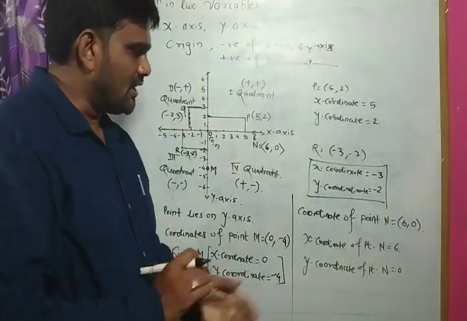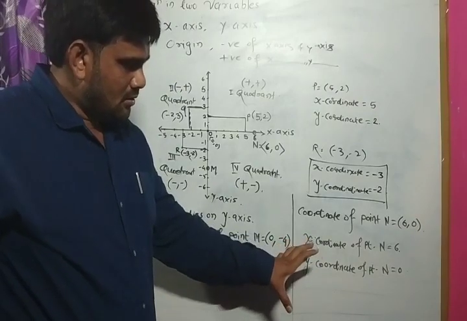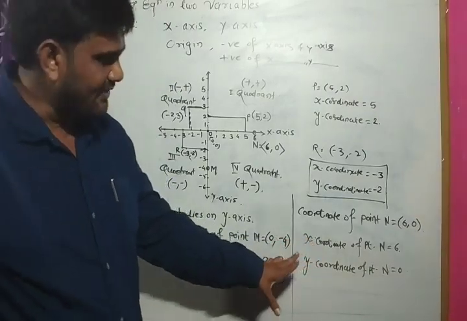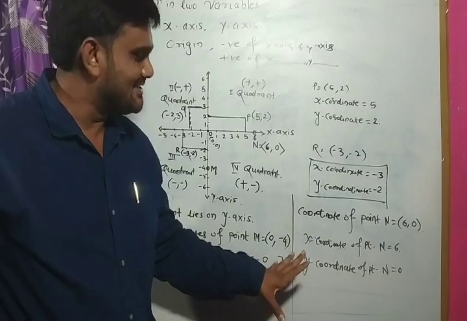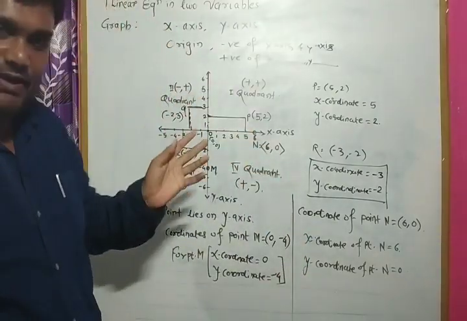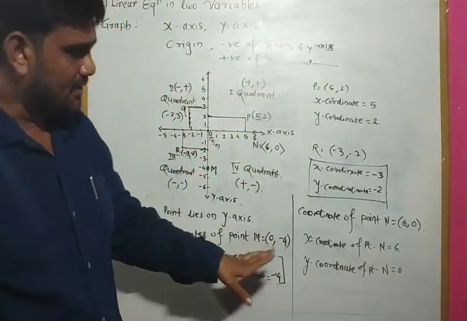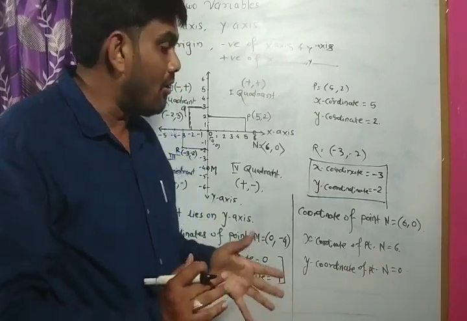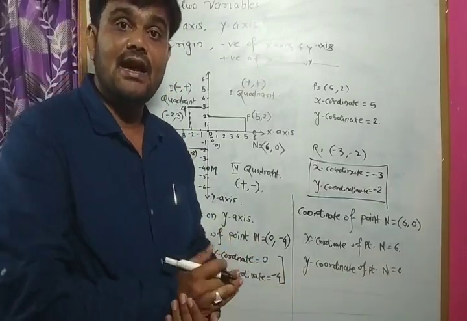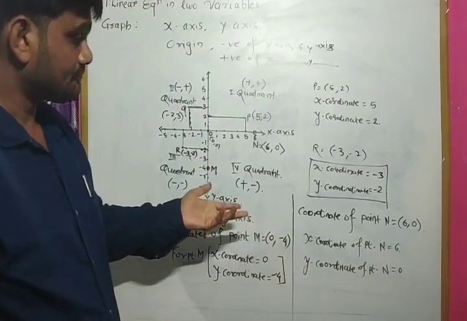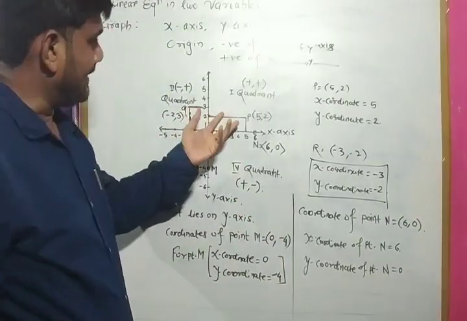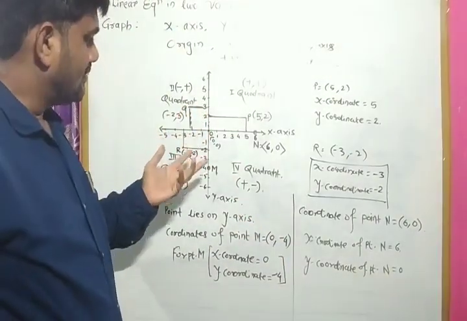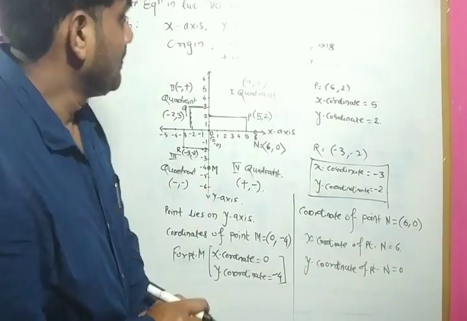I hope so, students. You know this very well. You will not make any mistake regarding this coordinate system, and you got all this basic concept regarding the quadrant, axis, and position of the points.